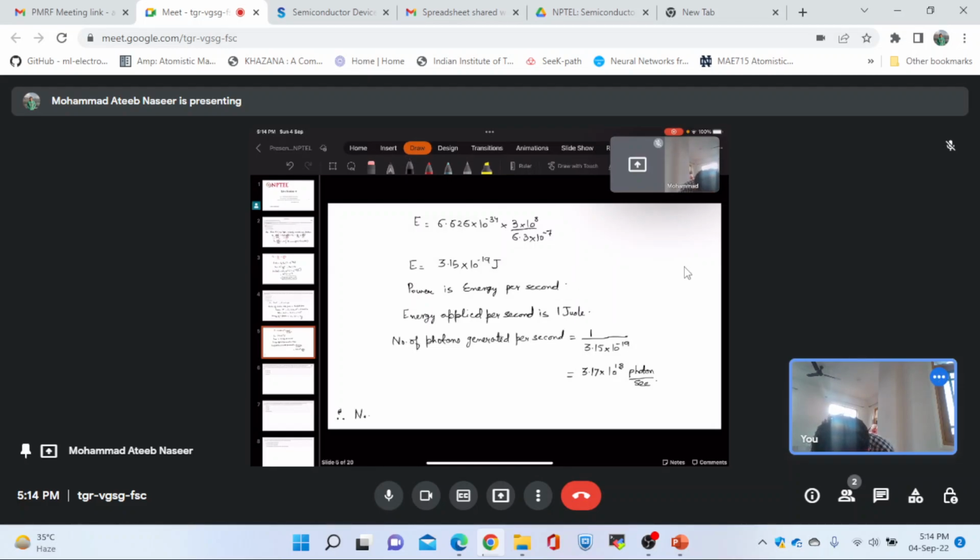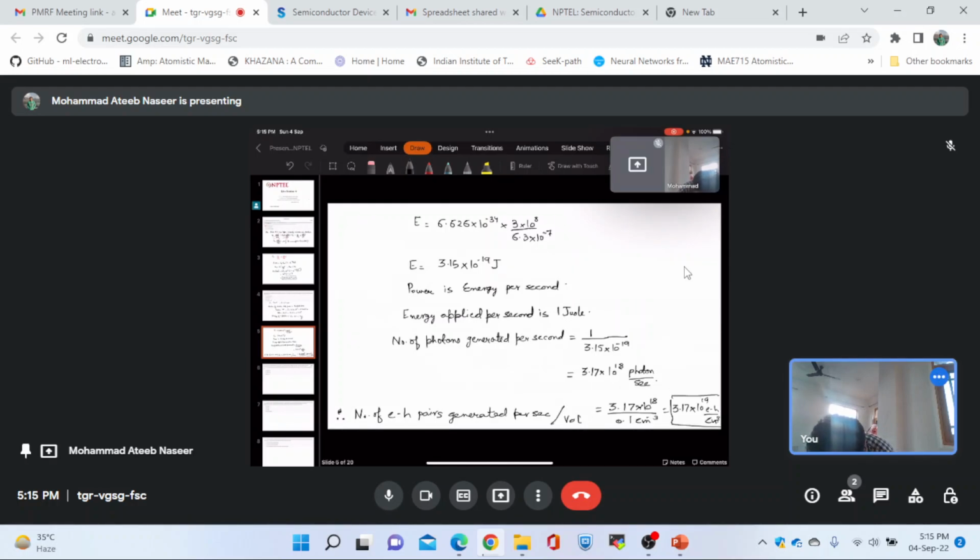Therefore number of electron hole pairs generated per second divided by volume of this semiconductor is simply 3.17 into 10 raised power 18 divided by 0.1 centimeter cube, and it is simply 3.17 into 10 raised power 19 electron hole pairs per centimeter cube.